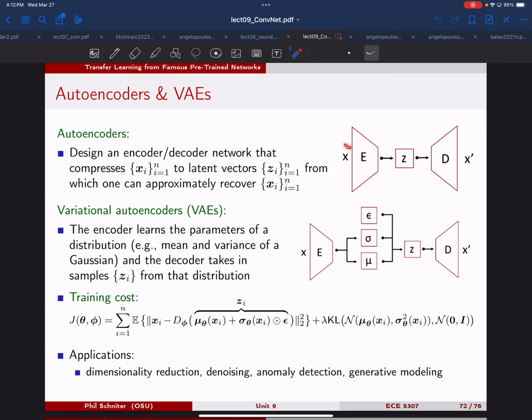If you have an image and you're trying to describe that image with, let's say, 100 numbers, then how can you describe an image with 100 numbers? That's not enough. But if you have a very sophisticated encoder and decoder here, it is possible perhaps to describe some subset of images.